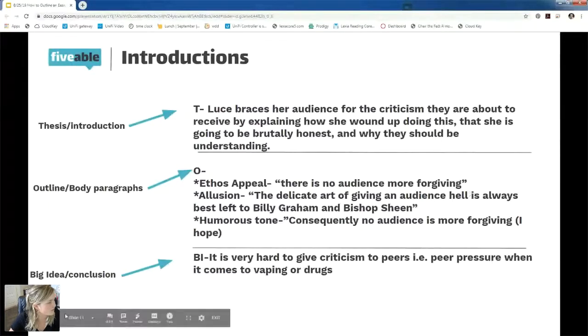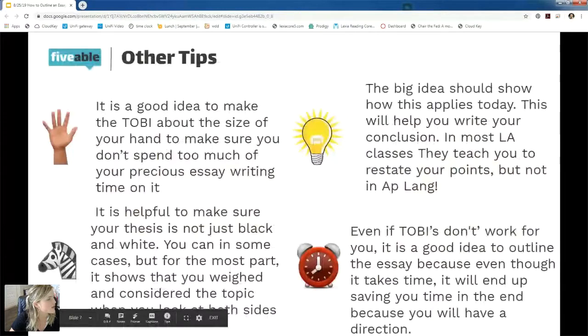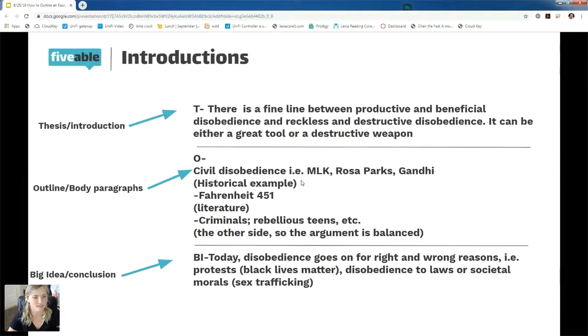So if we go back, I hate to backtrack, but if you go back to this one, I didn't need to write civil disobedience. I'll talk about Martin Luther King and his protest. I just wrote MLK, Rosa Parks, Gandhi, because that's going to help me remember what I was thinking when I wrote it. So that's just another little time-saving trick.